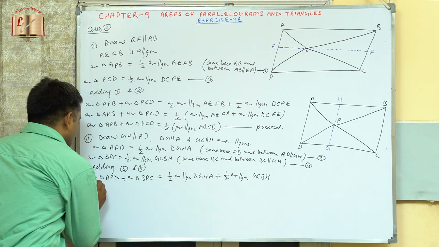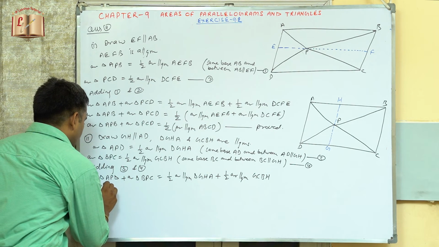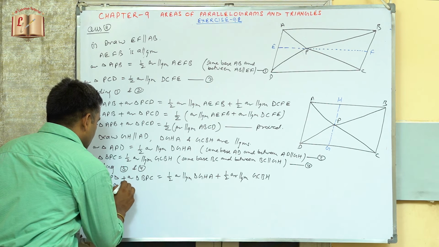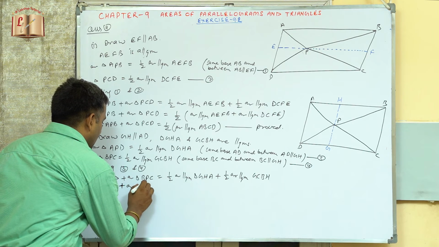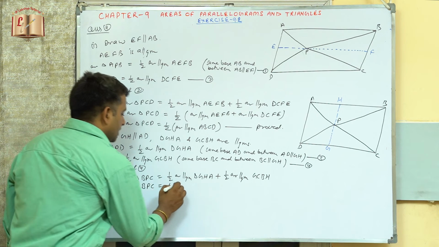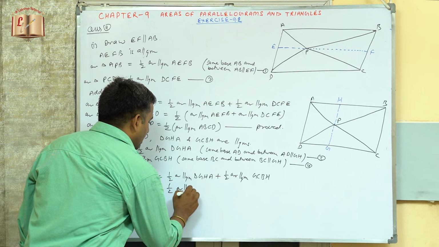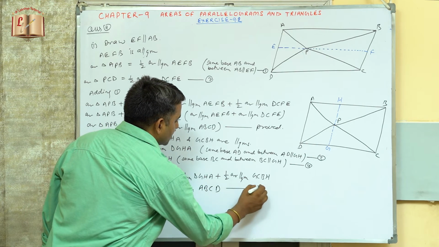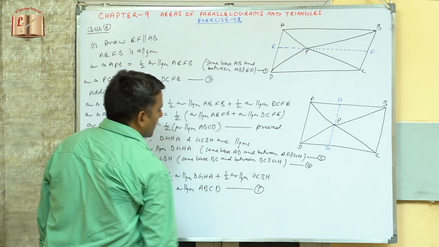Now on adding this, area of triangle APD plus area of triangle BPC will be equal to half of the area of parallelogram ABCD. So this is equation number 5.